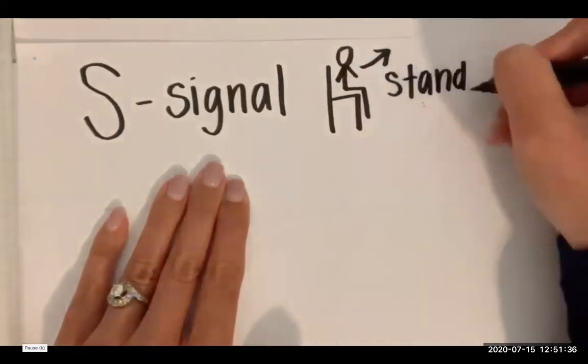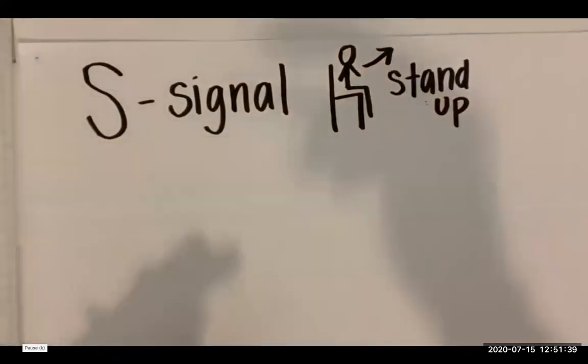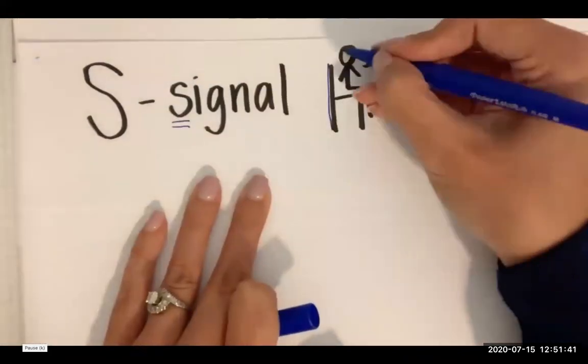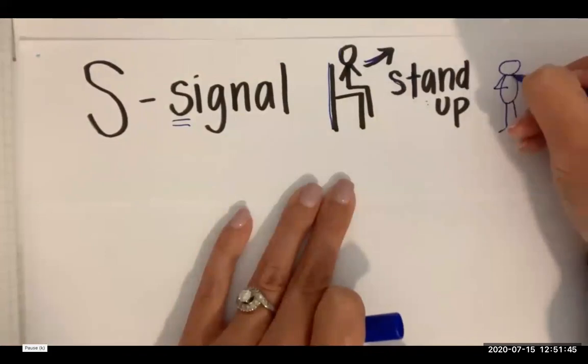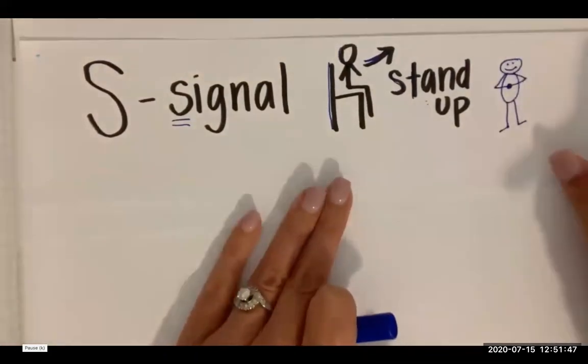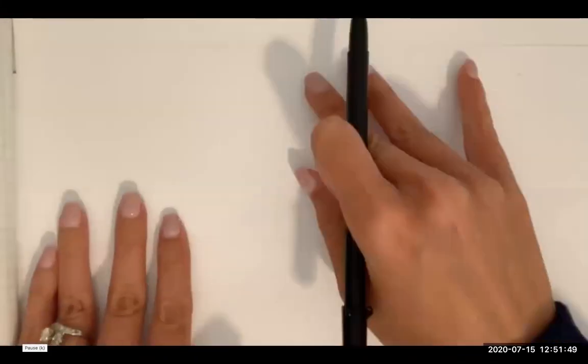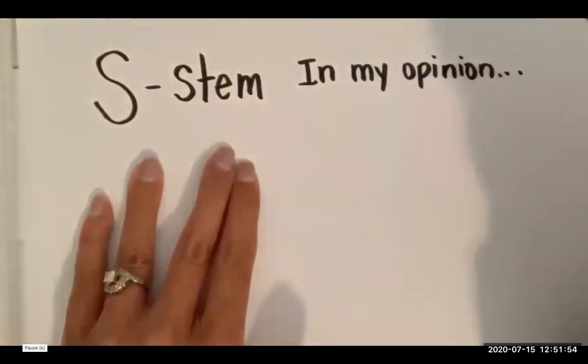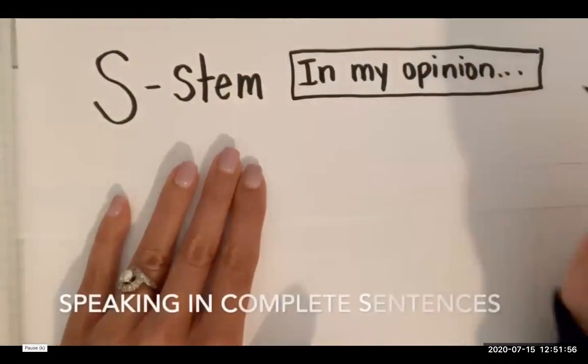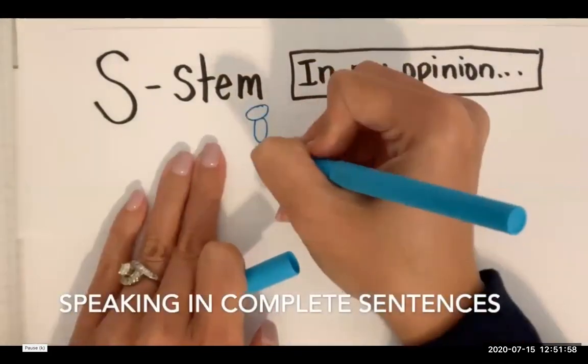For example, stand up when you can answer the question, or put your hands together when you have an answer. Thumbs up or close your books. Next, we provide students with a stem. This stem has academic vocabulary embedded in it and provides students with the inertia to get their answer out.